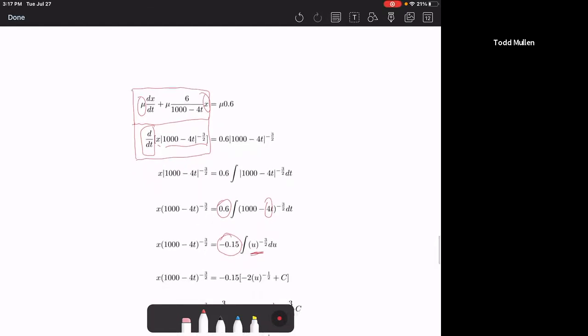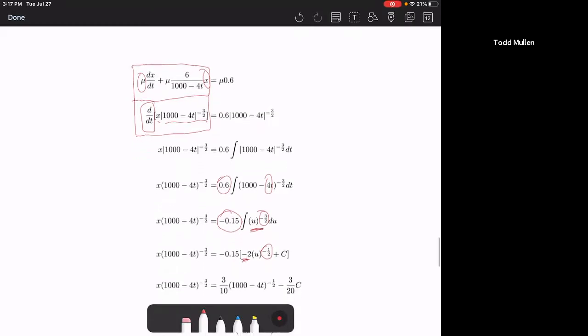When we integrate u to the negative 3 over 2, we raise this power by 1. So it becomes negative 1/2. And then we divide by 1/2, which is the same as multiplying by 2. So we now have this equation.